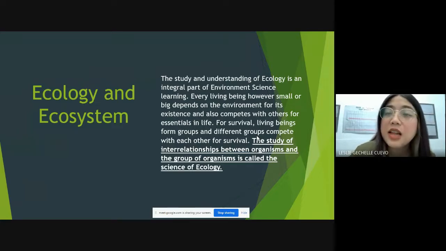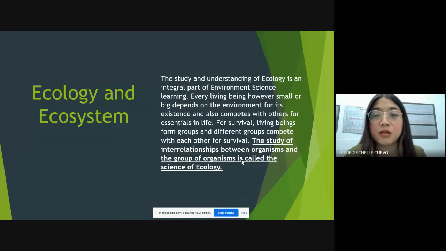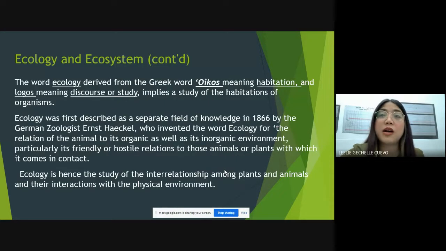Ayan. So it is the study of interrelationships between organisms. The study of interrelationships between organisms and the group of organisms is called the science of ecology. Kung ano-ano ang cycle, kung ano-ano ang relationship nga ng bawat isang element, bawat isang living organisms with themselves.